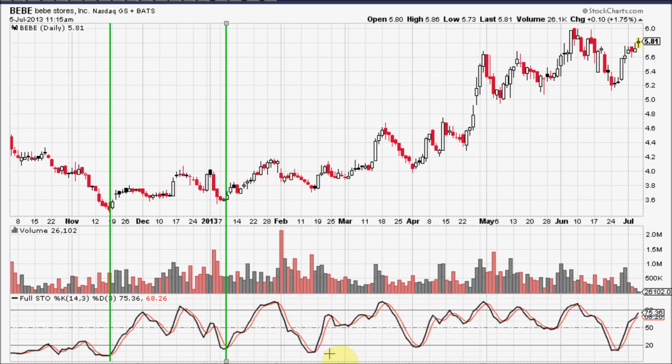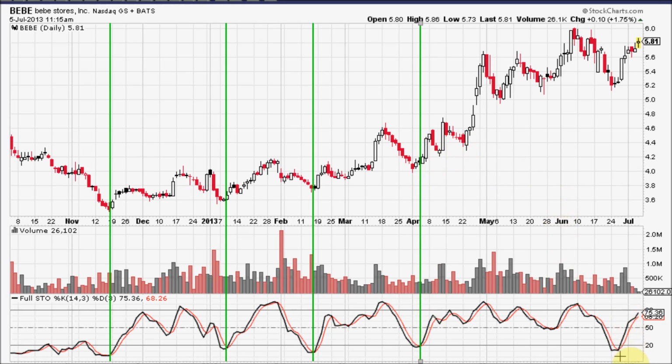It becomes overbought, falls all the way back down to well below 20, where Sto crosses back up through the red signal line and then back up through the 20 line, and the stock price goes up. It becomes overbought again after a nice run, falls all the way to the 20 line, where Sto crosses back up through the signal line, and another nice little uptrend happens.